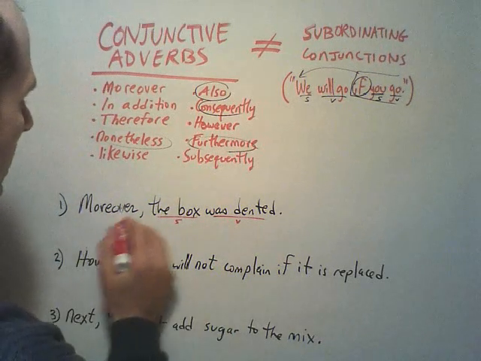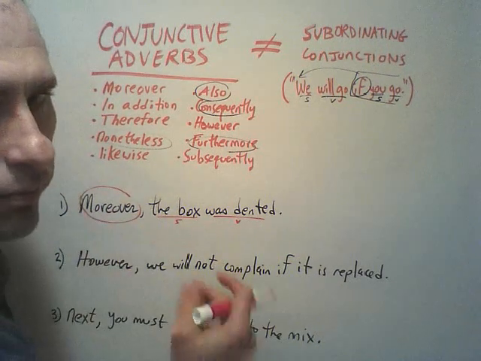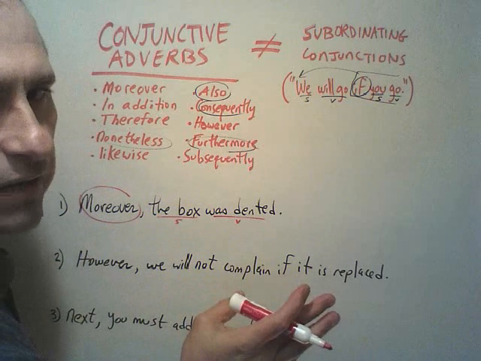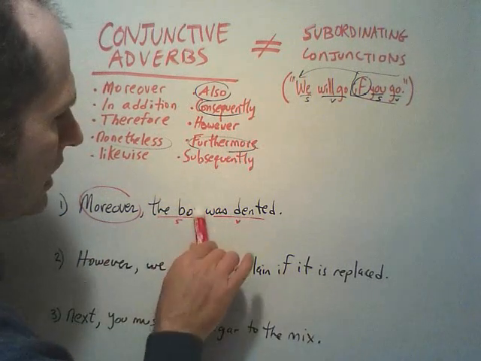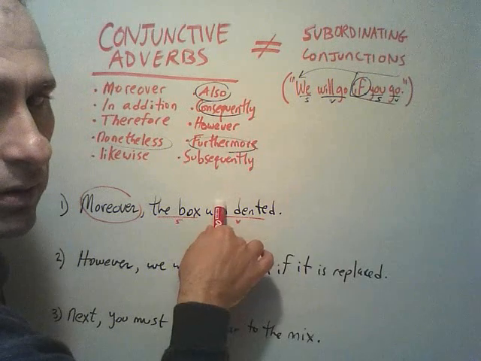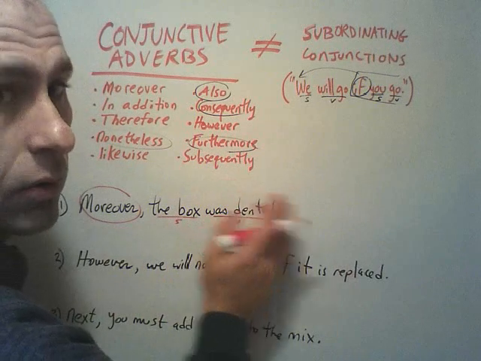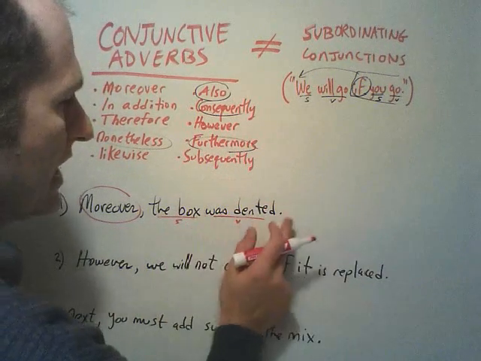Now notice the other thing. Here's another characteristic of conjunctive adverbs. You can take it and you can put it in different parts of the sentence. Even at the end, in the middle. You can go, the box, comma, moreover, was dented, or the box was dented, moreover.